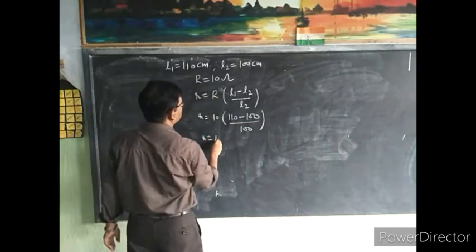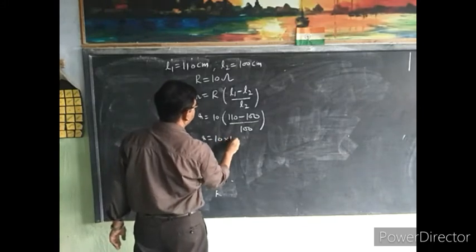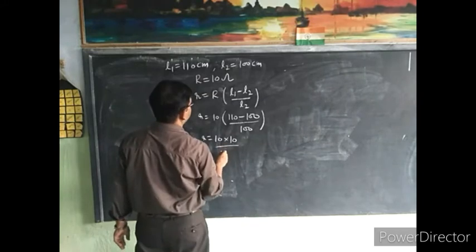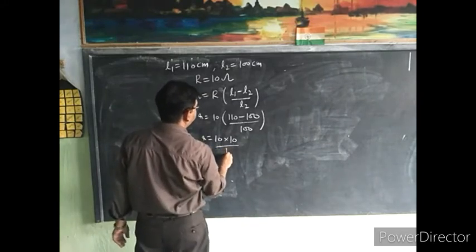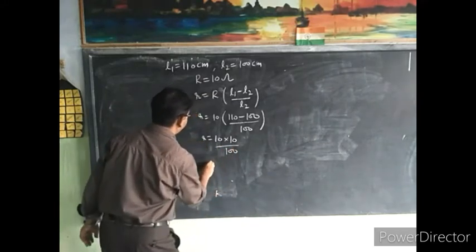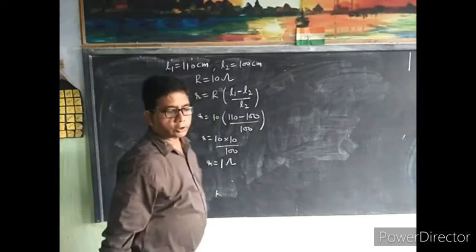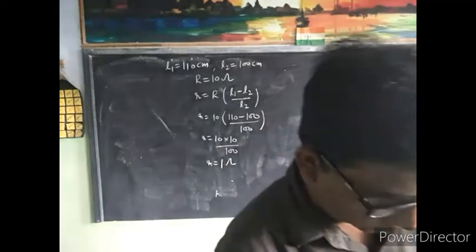Small r is equal to 10 into 10 upon 100. That is, small r is equal to 1 ohm.